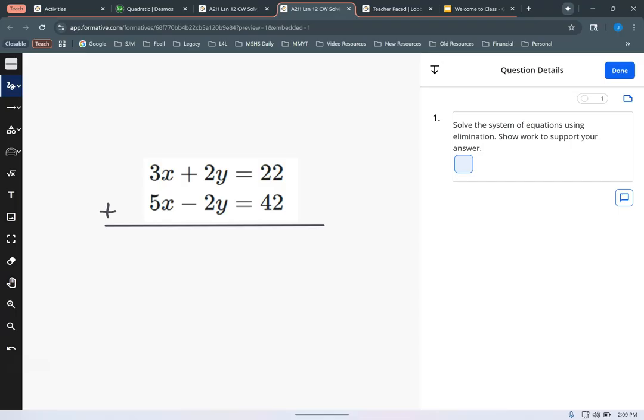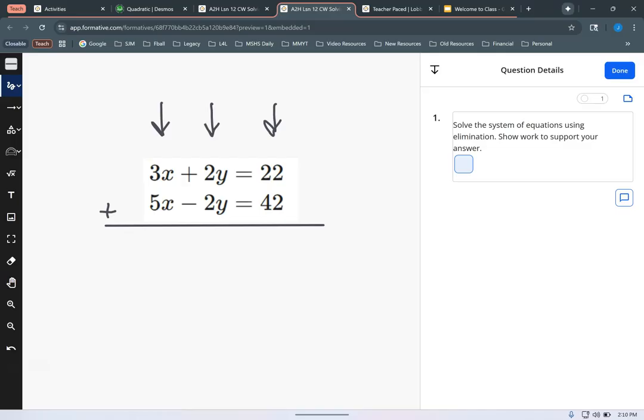The idea is that we want to take our variables and line them up in columns with matching variables, and then create a sum problem where we just add the columns straight down. Now the goal with elimination is to eliminate one of the variables, which means you've got to have an equation where one of the variables has opposite terms.